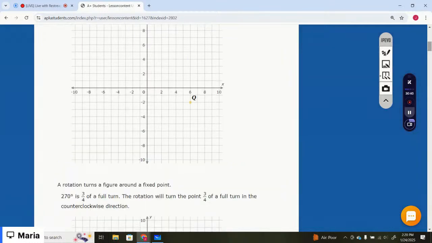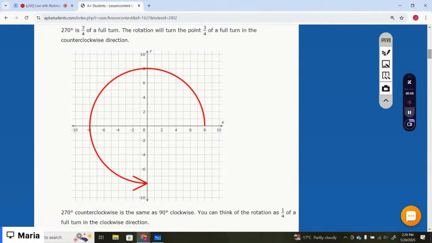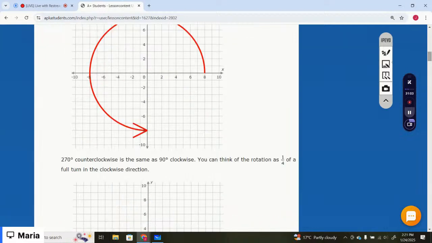So here is the point, right? You have to rotate the image along the 270 degrees. So 270 degrees is 3/4 of a full turn, right? If you start from here, the 3/4 turn would be completed over here, right?